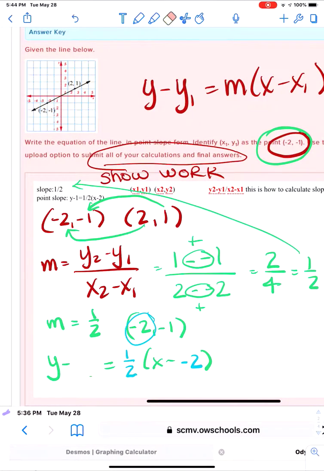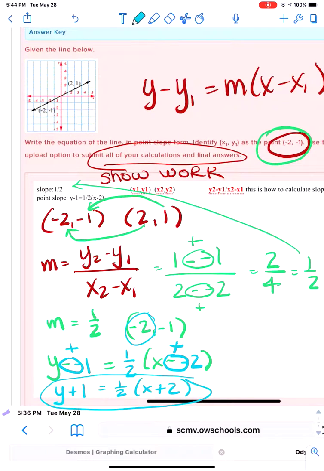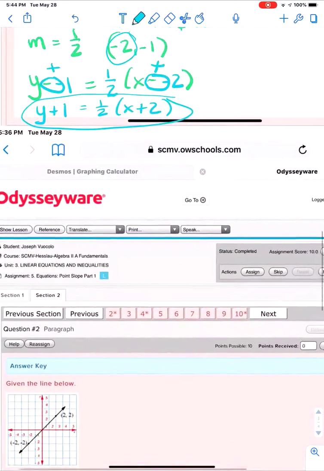And the y value is -1. Now realize inside of both of these, two negatives make a positive. So y plus 1 equals 1/2 (x plus 2). And that's going to be your final. Now, almost every single one of the ones that you plugged in, if the equation was inaccurate, it was because there was a negative there and you didn't do the two negatives become a positive.